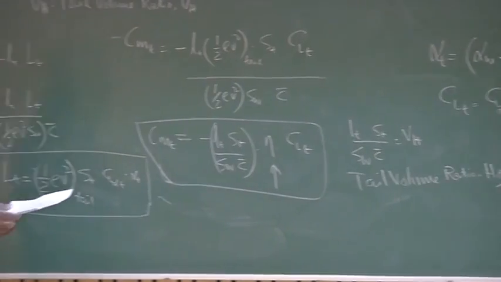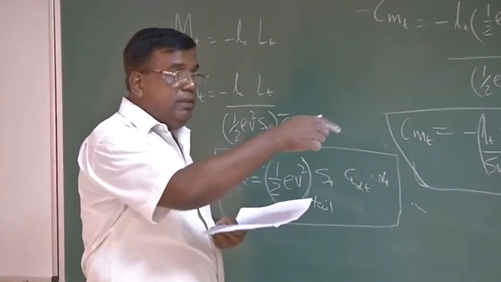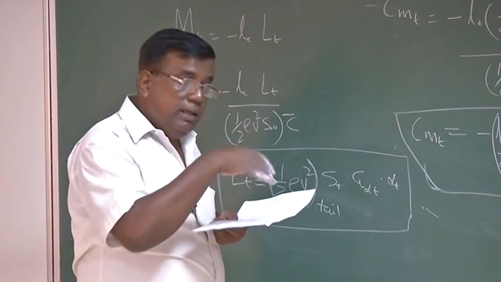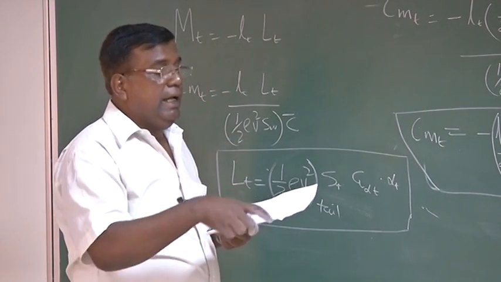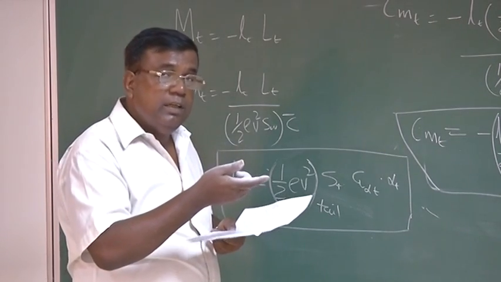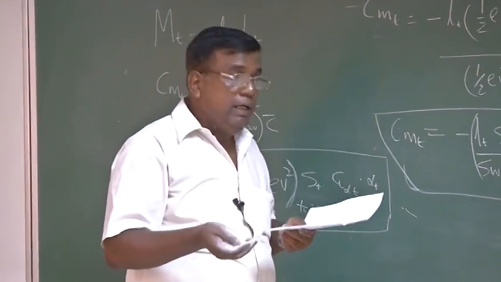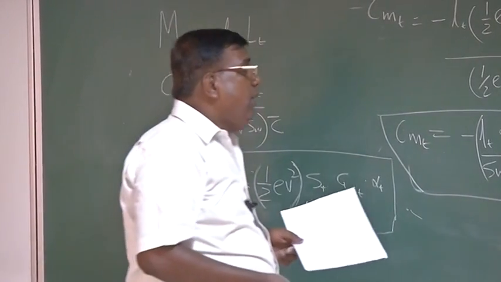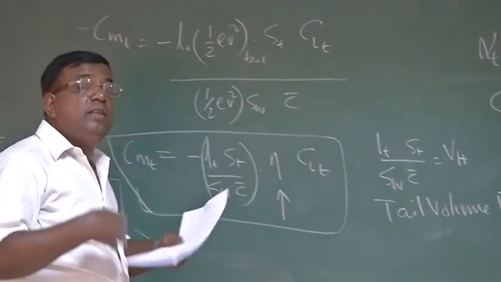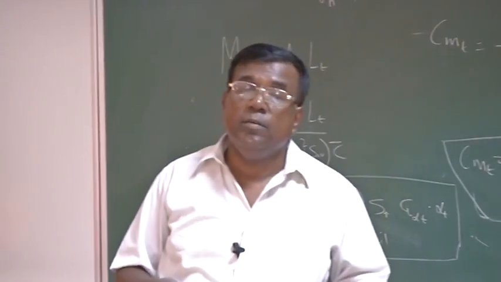What is LT? LT is the distance of the AC of the tail from the CG. So if I increase this LT, the restoring moment will increase, or for a given LT, I can increase the area of this tail, then also this LT into ST will increase, or increase both, right? So as a designer, if we increase VH, this tail volume ratio, it will increase the static stability characteristics of the airplane.